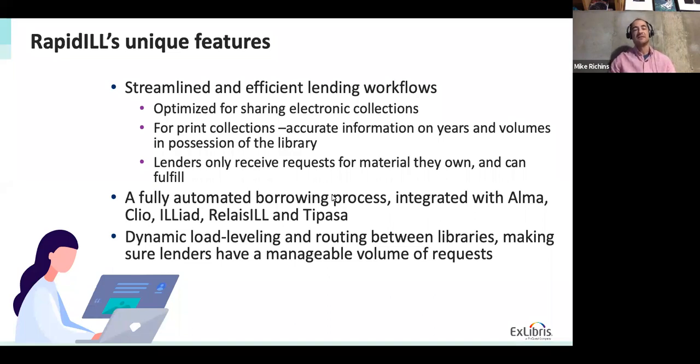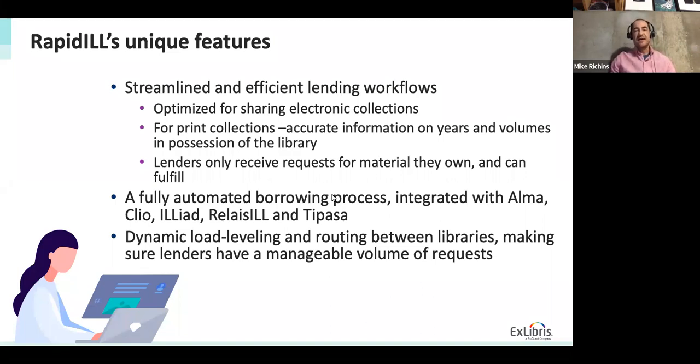And also if it's lendable just to other partner libraries in your own country, or lendable to the greater RapidILL community. So it's very granular and presents you with the ability to have a process around lending so that you understand all the requests you get from Rapid are things that you own, are things that you can fill, and then we provide you with a very fast and efficient workflow for managing those requests.